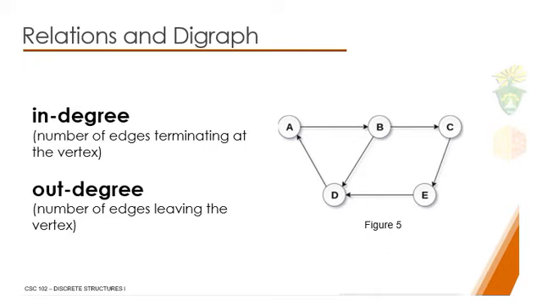So, we have additional digraph concepts, no? We have the in degree and out degree. So, when we say in degree, it refers to the number of edges terminating at the vertex. In short, pila ka buok arrows ang nakapoint ana nga vertex. That's in degree.